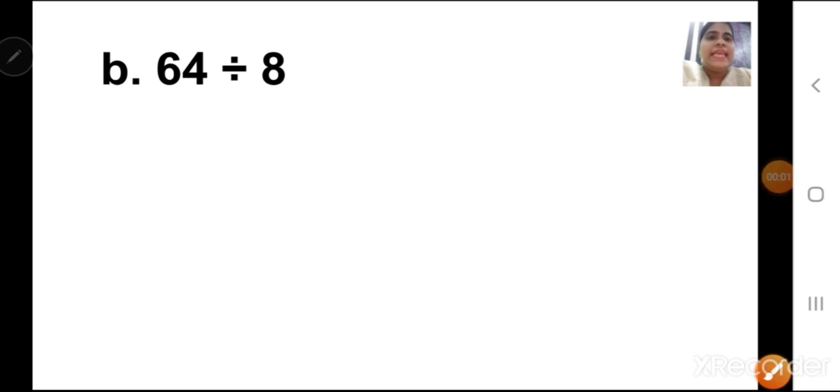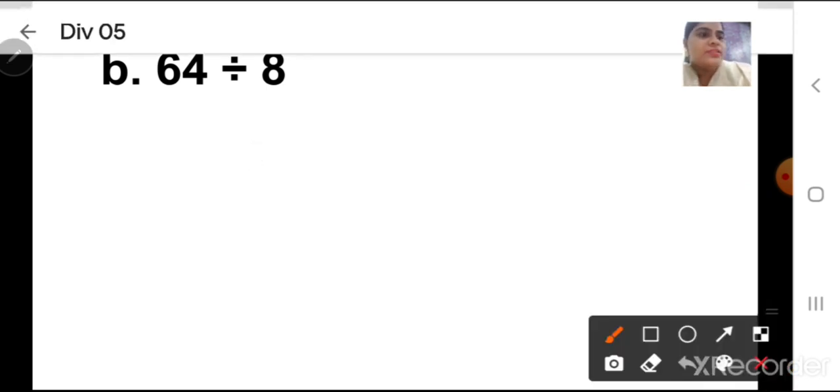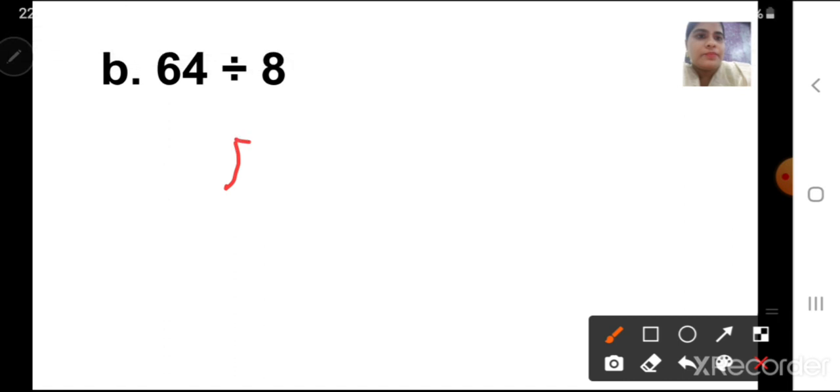Okay children, next one is B1, 64 divided by 8. First draw the bracket. Write the dividend, divided by the divisor, which is number 8. Now in 8's table you have to think, do I have number 64? Yes, I have number 64. What times? 8 8s are 64.